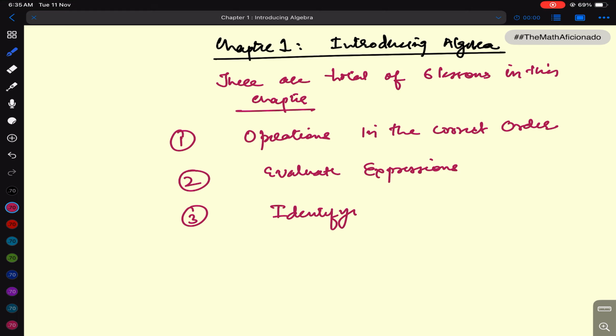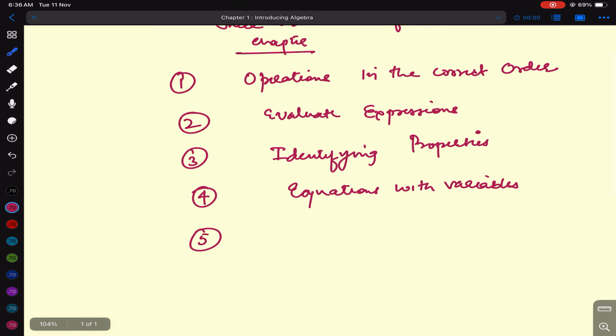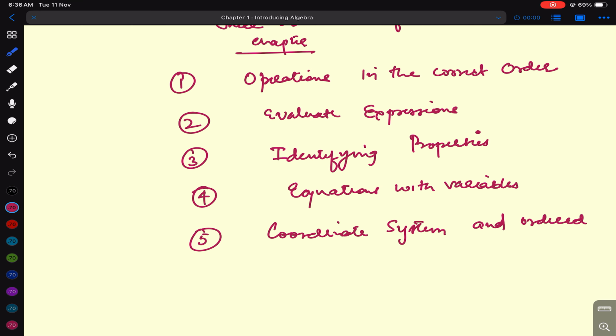Fourth is equations with the variables. Fifth one is coordinate system and ordered pairs.